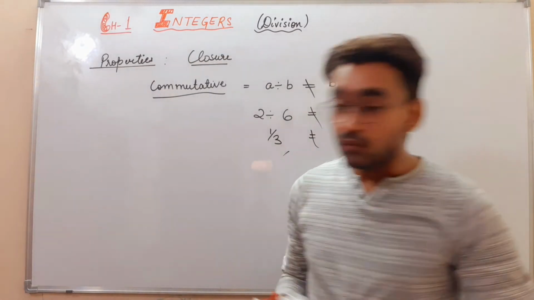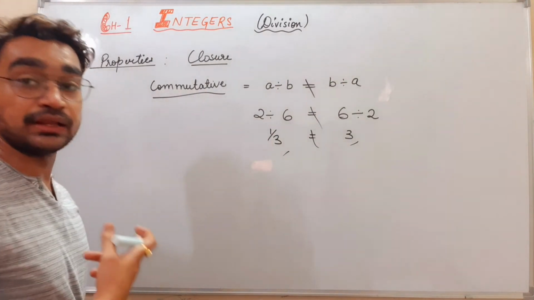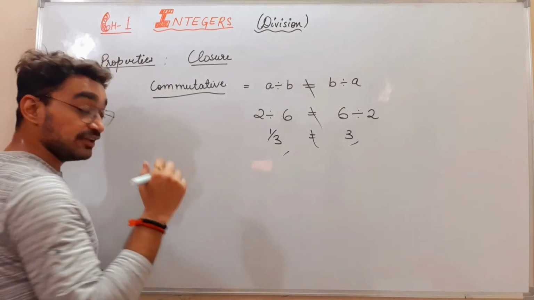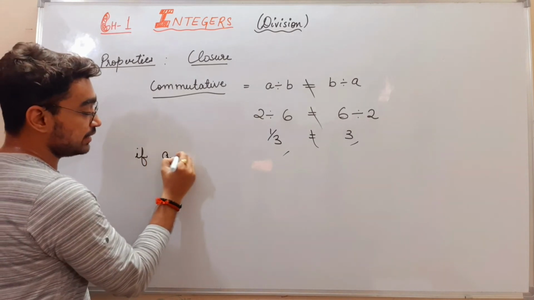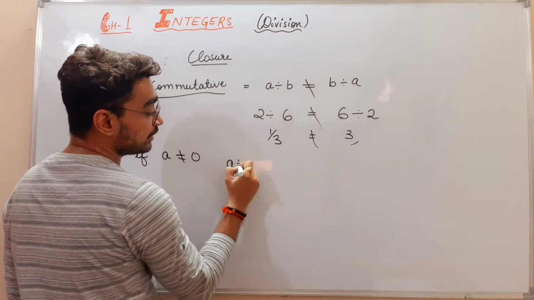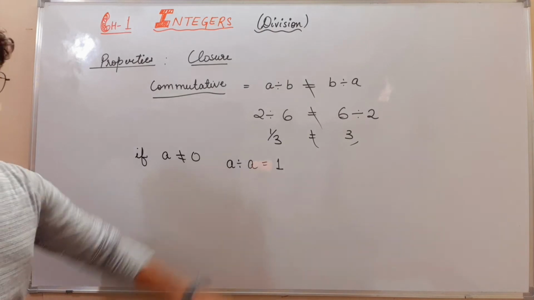But one property is there: if A is any integer and A is not equal to 0, then A divided by A will always be equal to 1.